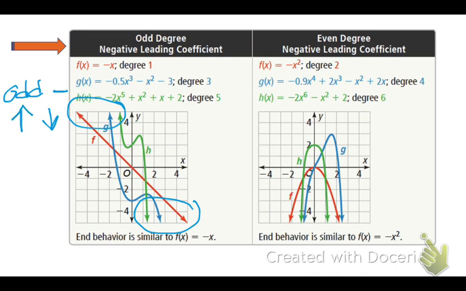Again, I'm not talking about anything in between those two arrows, am I? Only the end and the beginning. So if it is even, negative, it's going to end down, but then it had to also do what? Start down, because evens have to be symmetric. They have to be nice and even.